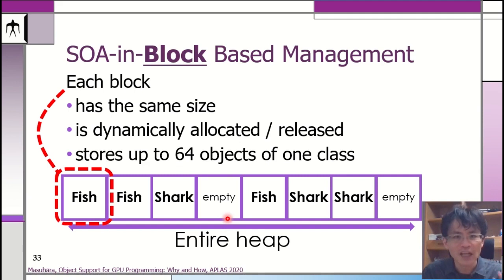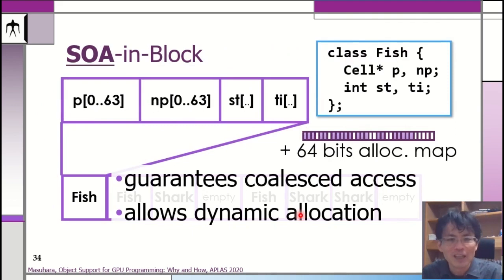So at the higher level, by dynamically changing the assignment of a block to classes, we can achieve dynamic memory allocation. And the SOA part works in this way. We use structure of array layout only inside of a block.